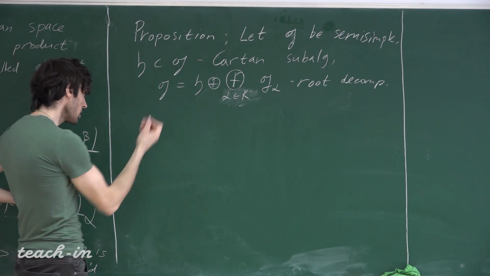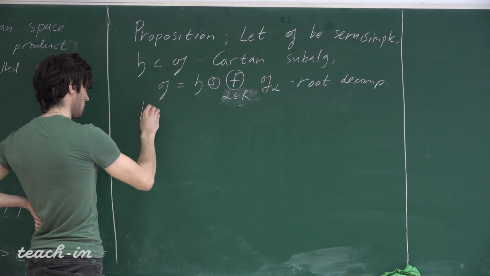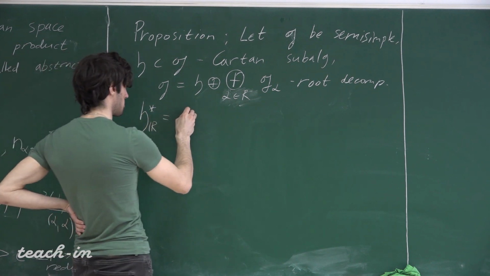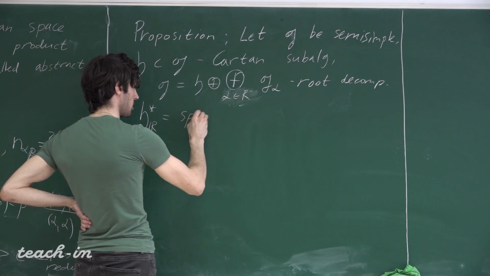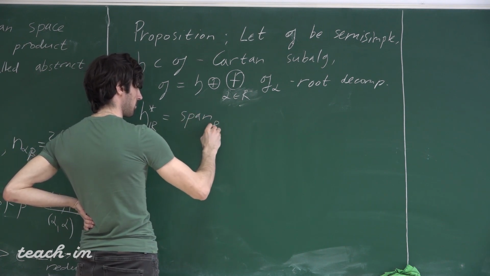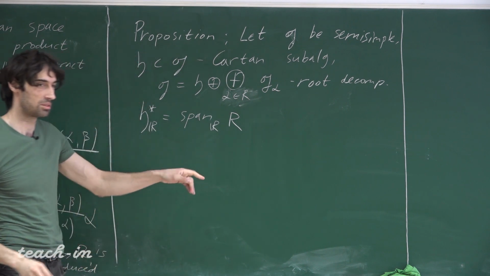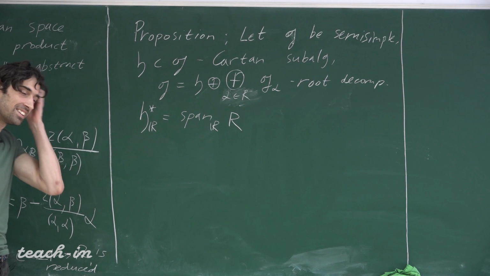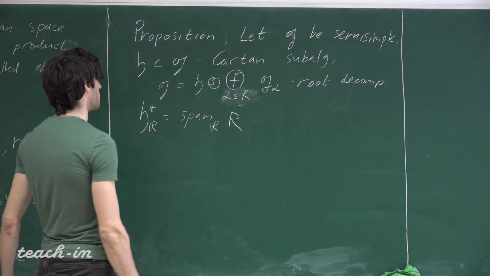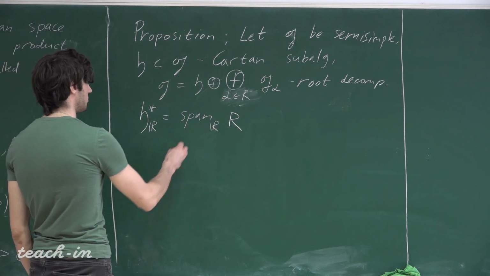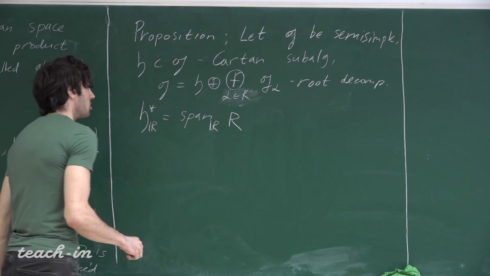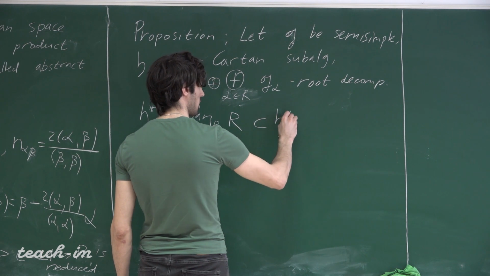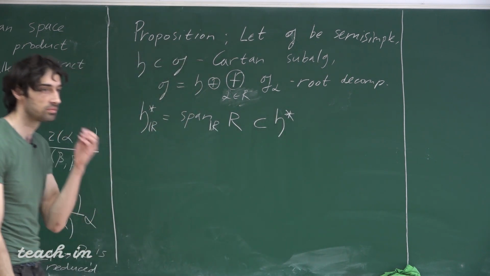Also let me introduce H star R, the linear real span of R. So these are two different R's. This one is bold and this one is not bold. These are real numbers, these are roots. So this of course lives inside H star.